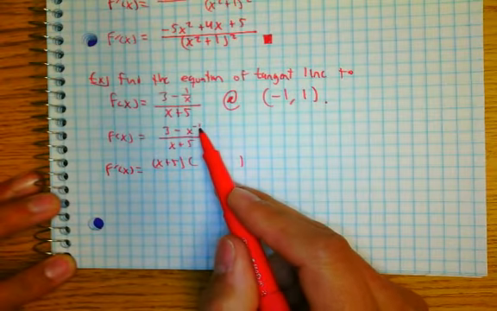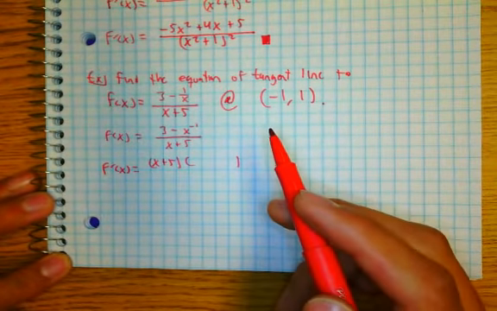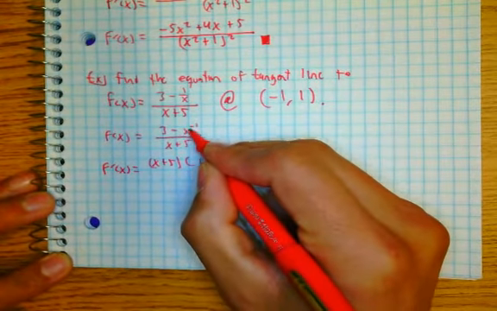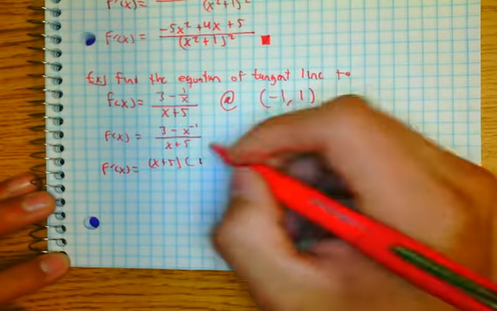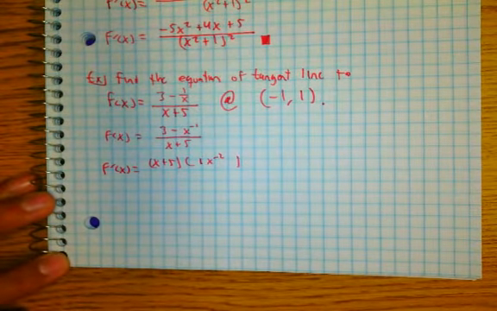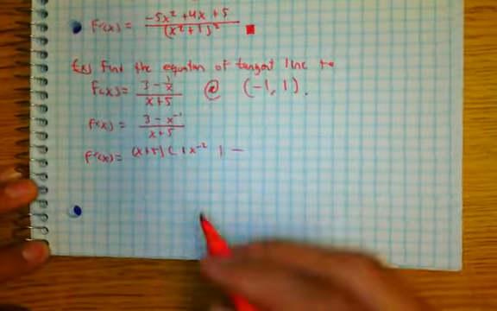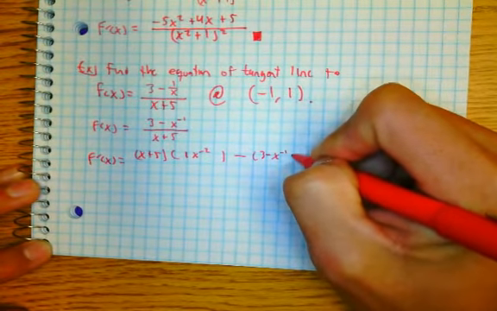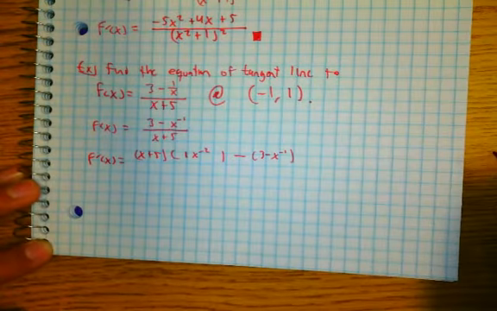Right? Minus. I'm going to leave my numerator alone. So 3 minus x to the negative 1 power. And multiply that by the derivative of the denominator, which in our case is 1. All over x plus 5 squared.